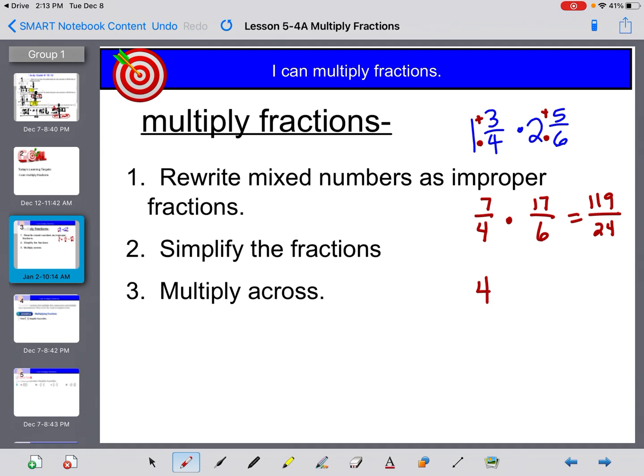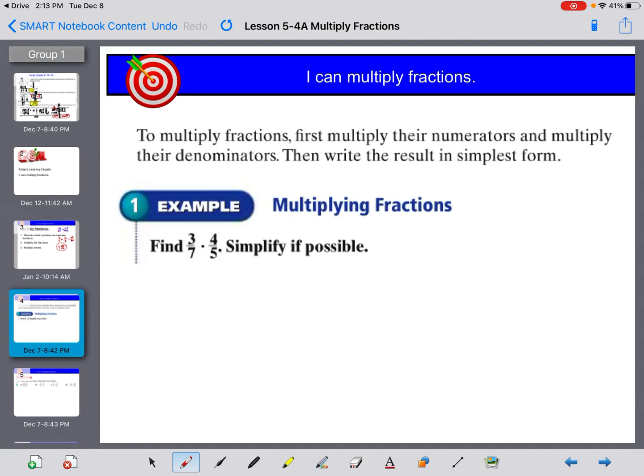So it goes in, let's say, 4 times. Four times 24 is 96. So 119 minus 96. And I get 23/24. Now, of course, you can't see my side problem, but we'll do a few more problems together here.